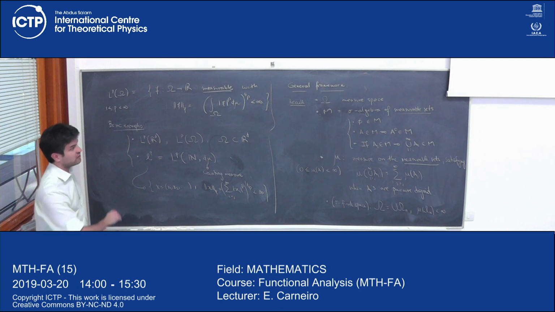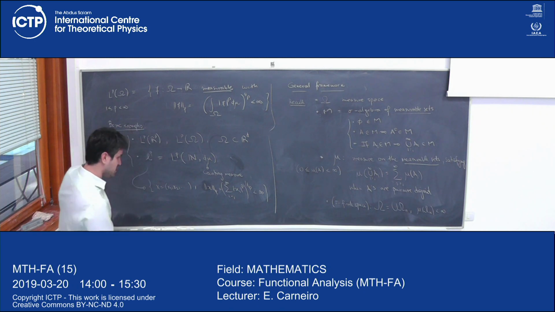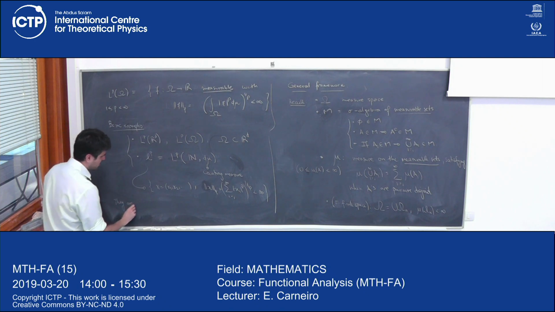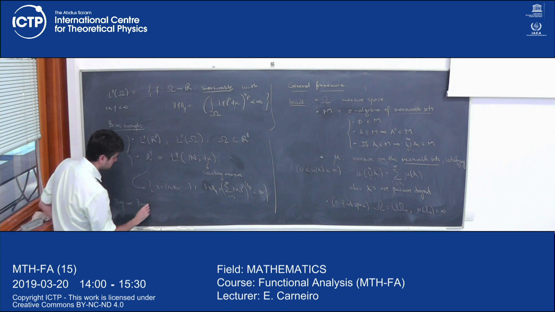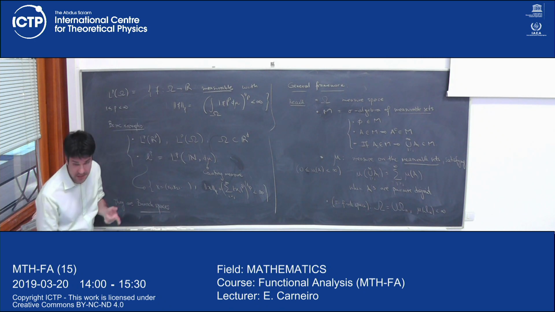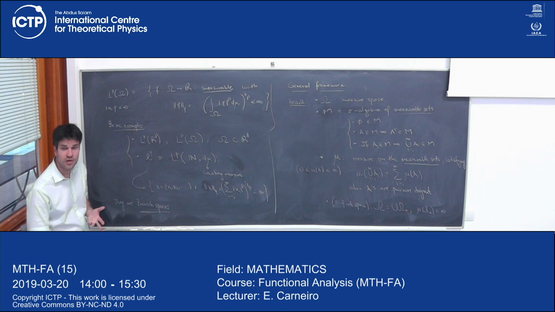So as we proved for RD, all of these are Banach spaces. We have Holder's inequality, we have the triangle inequality, and we have that they are complete. I will not prove this again.